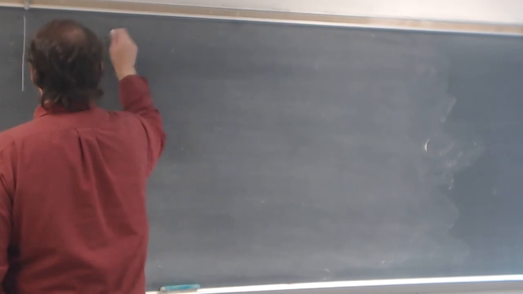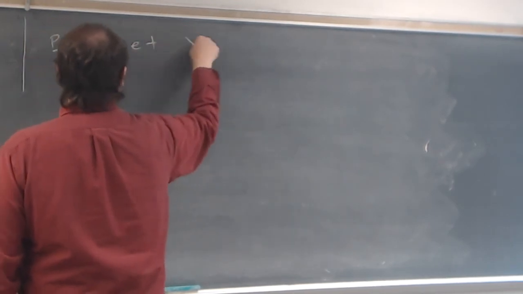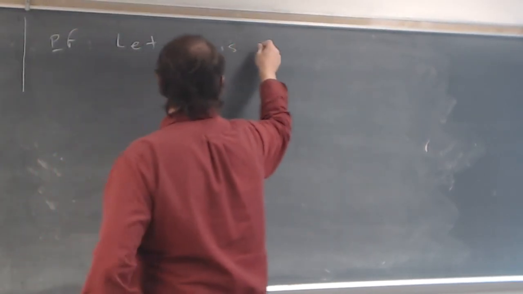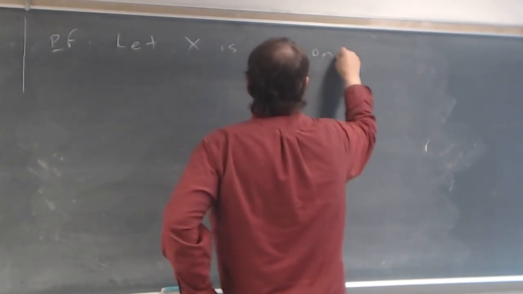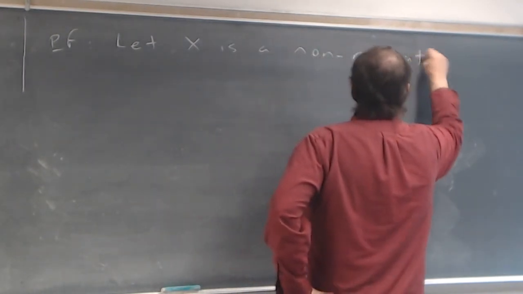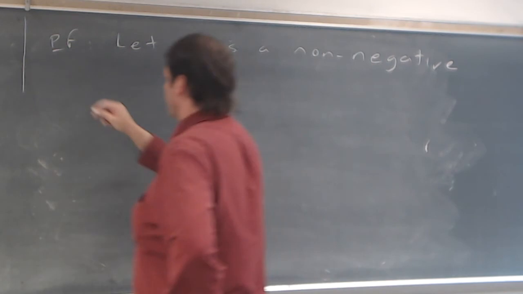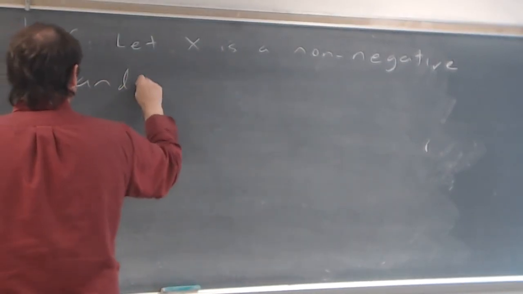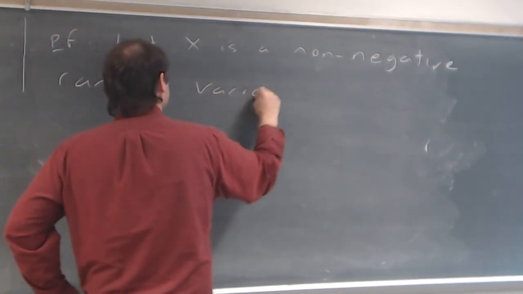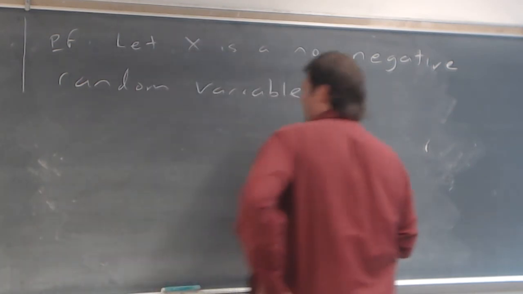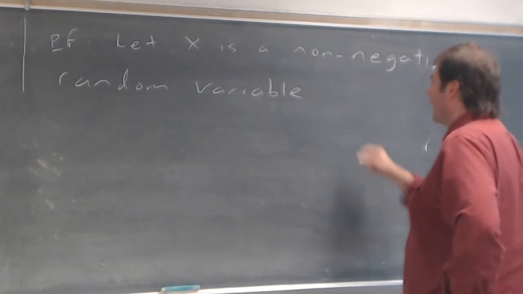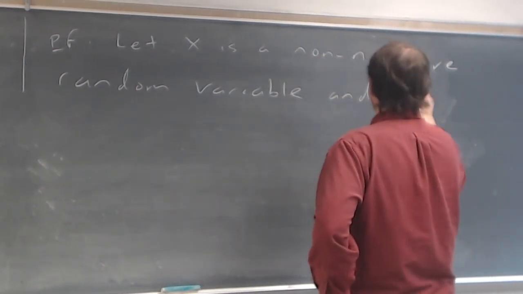Okay, so the proof, we're going to assume that x is a non-negative random variable and a is greater than 0.